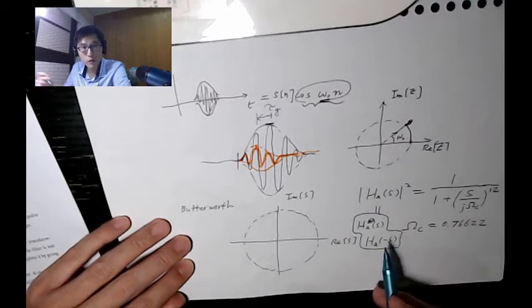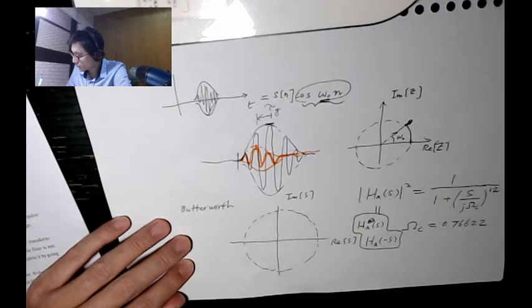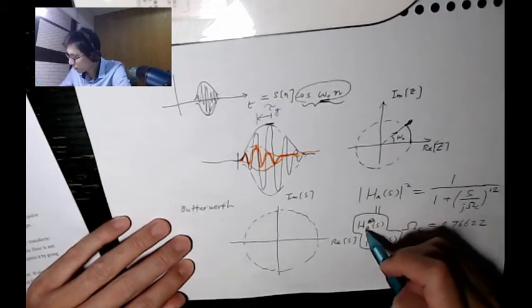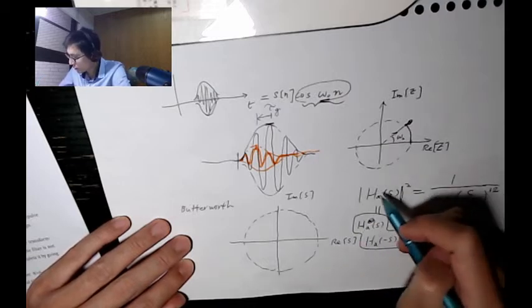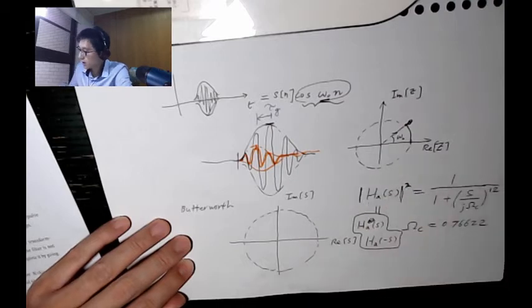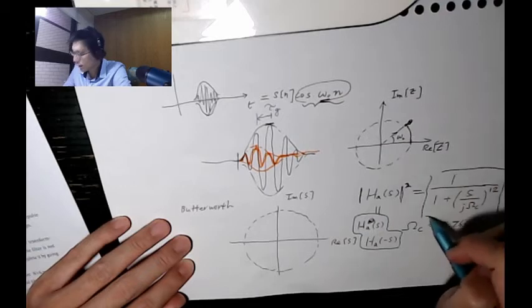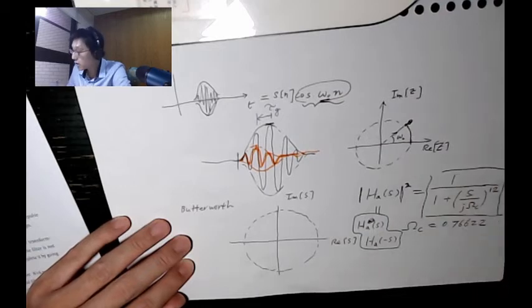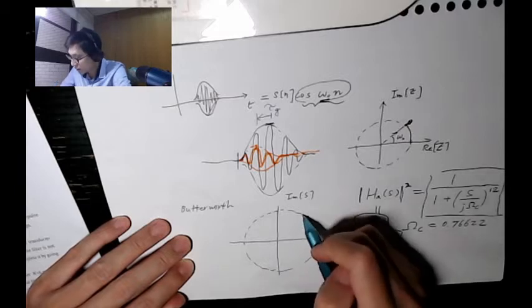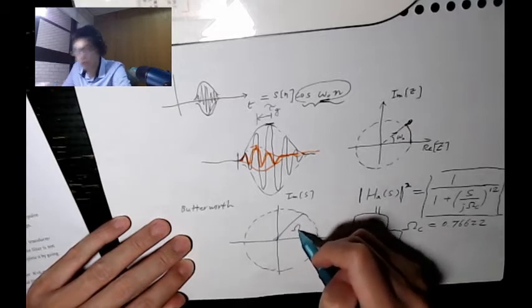That's a symmetry of the Fourier transform, so when we multiply the two of them, the result is simply the magnitude squared. This expression has many poles around a circle, and that circle has exactly the radius of omega c.